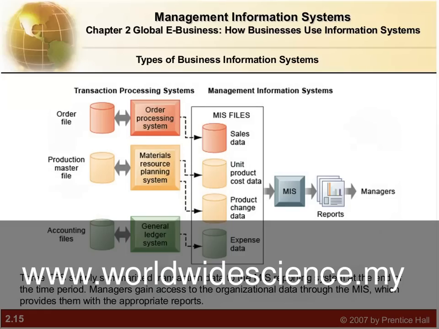So the 3 TPS supply summarized transaction data to the MIS reporting system at the end of the time period. These are the MIS files here: sales data, unit product cost data, product change data, and expense data. Managers gain access to the organizational data through the MIS, which provides them with the appropriate reports.